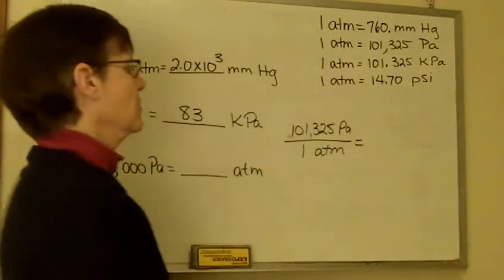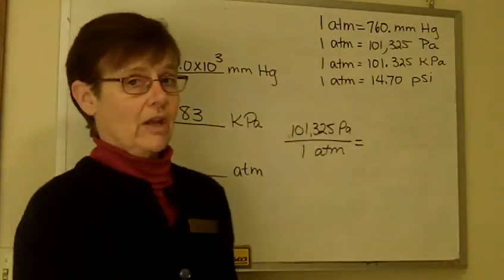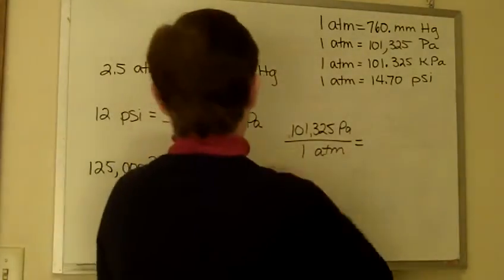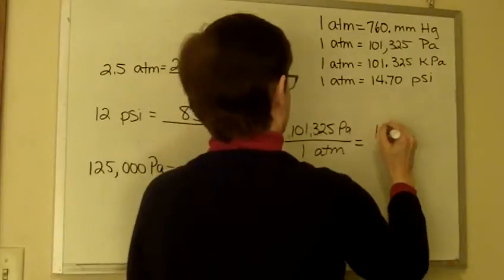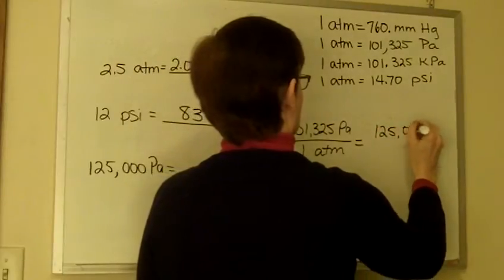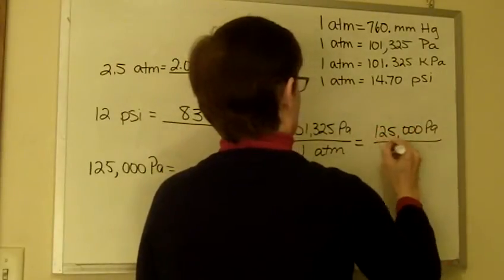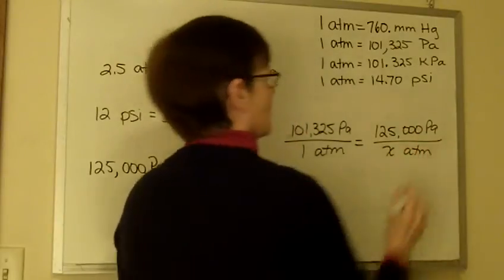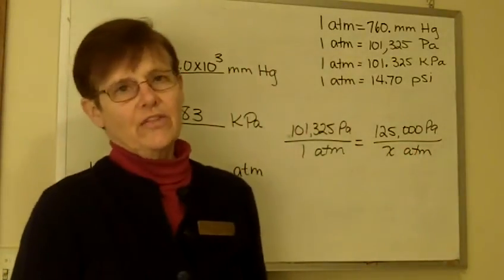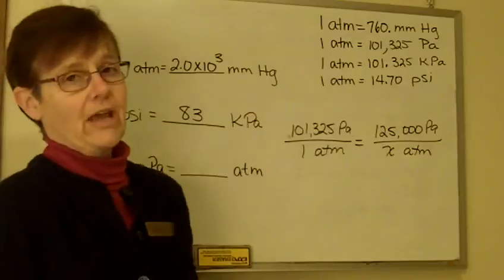So those are my standard numbers. I know that's the ratio that I need. And then in the problem, I'm given the 125,000 pascals, and I want to know how many atmospheres.